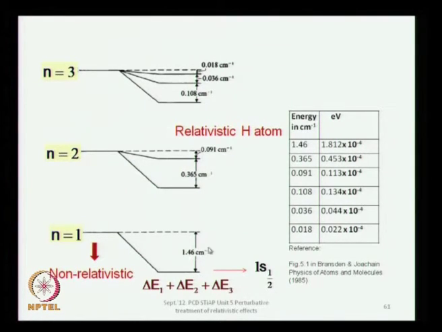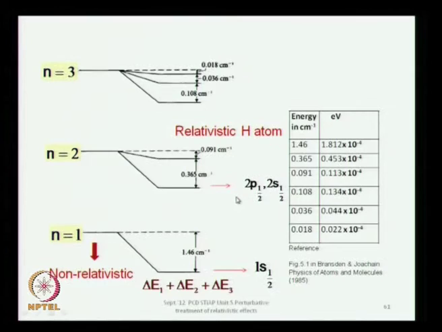So, this is the 1s state, and now you have the relativistic quantum numbers. So, this is the level for 2p 1/2 and 2s 1/2, which are degenerate. This degeneracy is not removed at the Dirac level. Dirac relativistic quantum mechanics does not resolve the degeneracy between the 2p 1/2 and the 2s 1/2 states, but it does remove the degeneracy between the 2p 1/2 and the 2p 3/2 states.